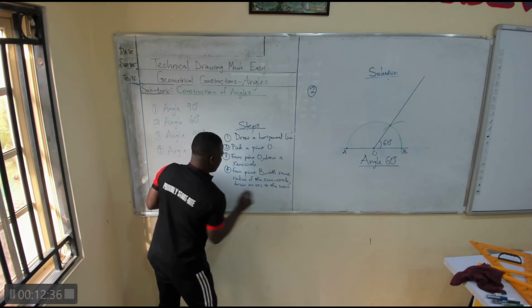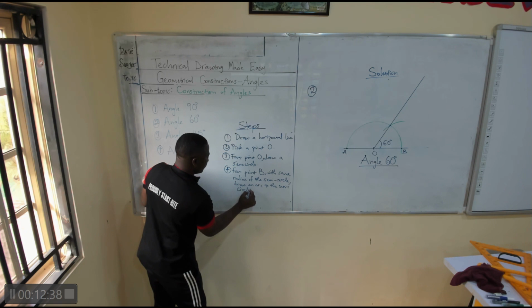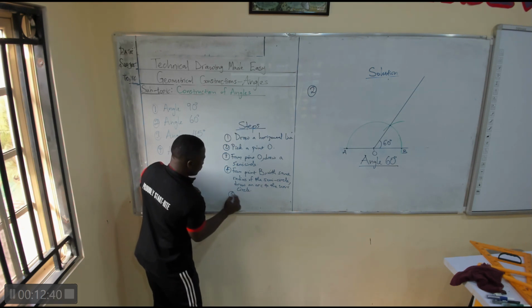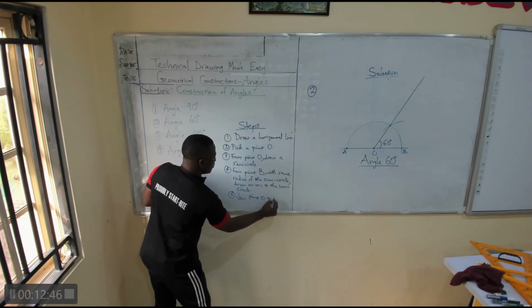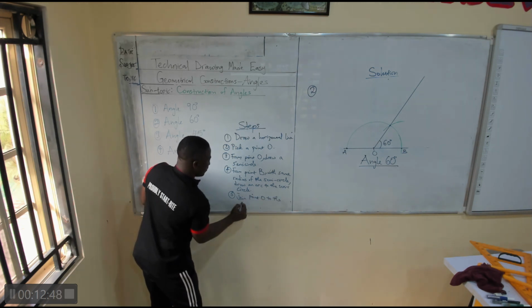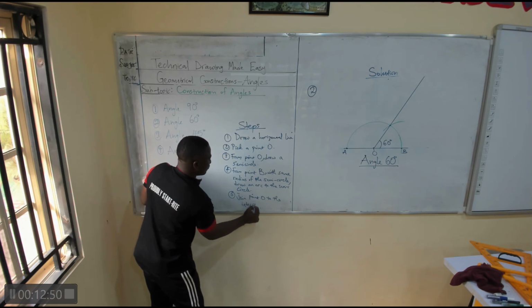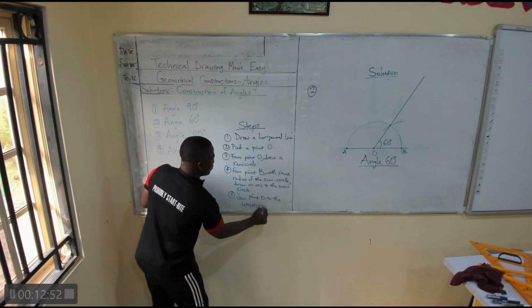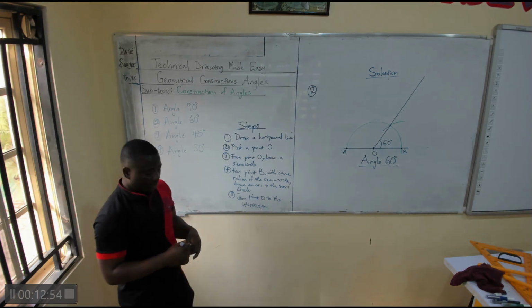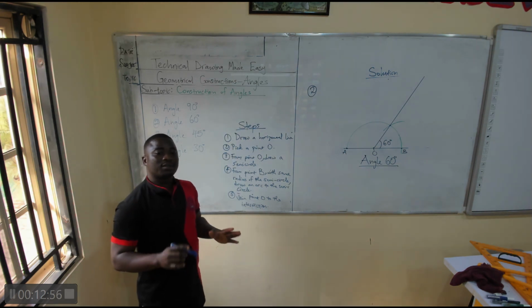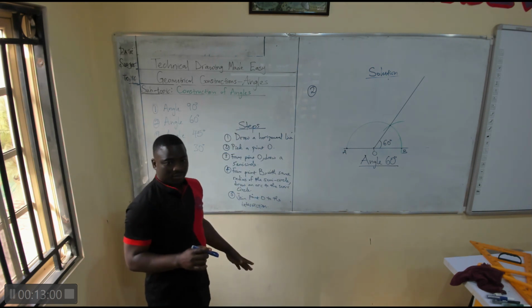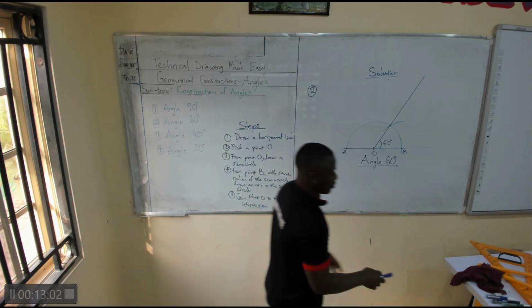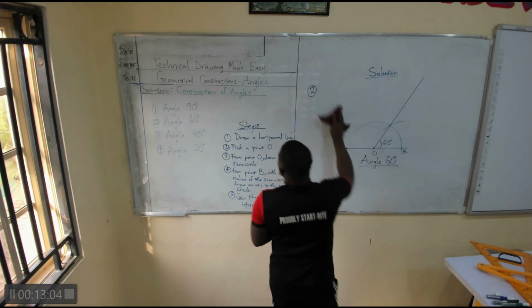Then you join point O to the intersection. Can you see it now? So it's a very simple process. Just 5 steps.